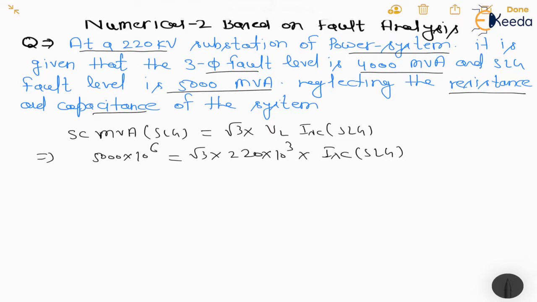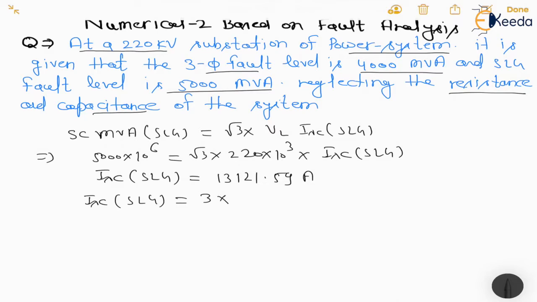Calculating it, ISC of SLG comes out to be 13121.59 ampere.